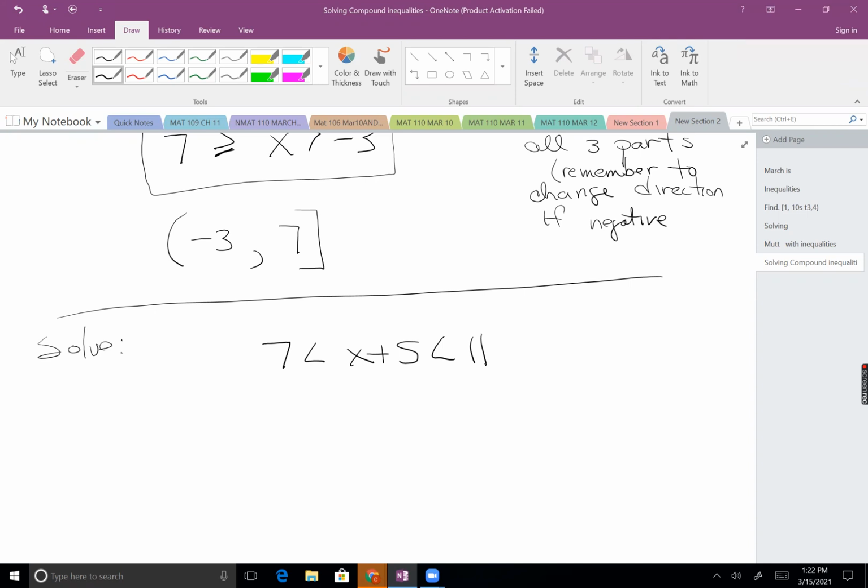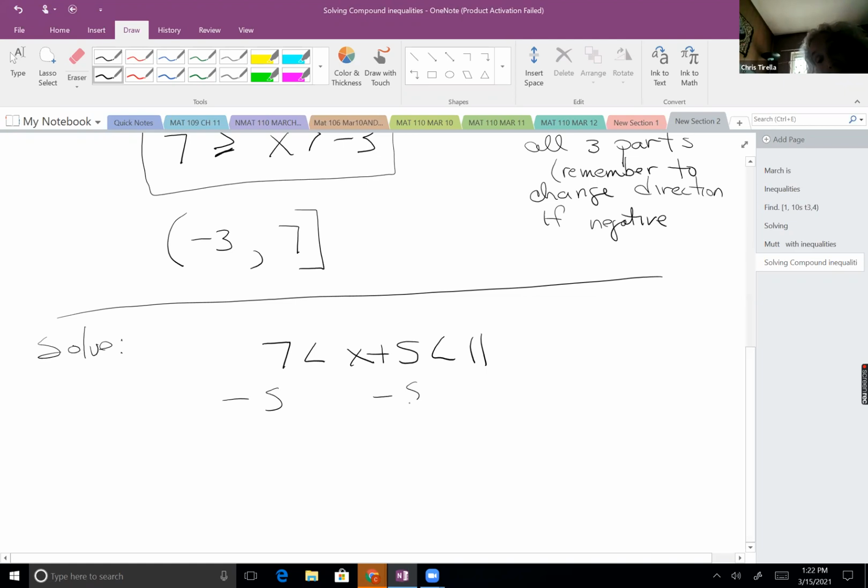There's just one step to that: subtracting 5 from both sides. We'd get 2 is less than x is less than 6. So 2 is the smallest value, 6 is the largest, and we're not equal to either.